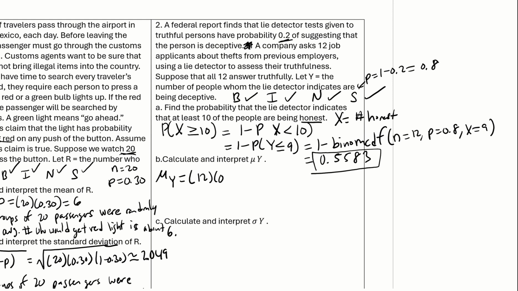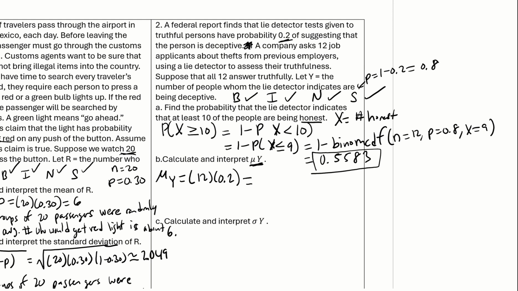It makes a difference because if you don't label it correctly, you're going to run into trouble, because this one's asking for mu y. Mu y is being dishonest. So in this case, your p here is 0.20. So we have to be careful. This is why we want to label the variables correctly, because it leads to issues like this.